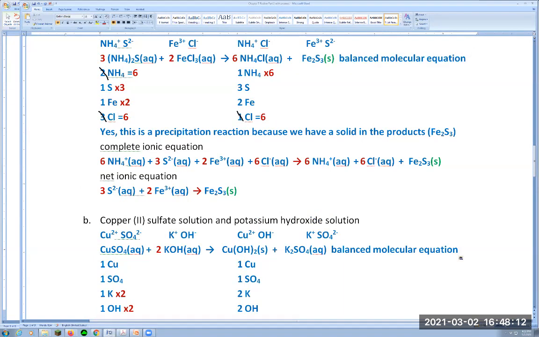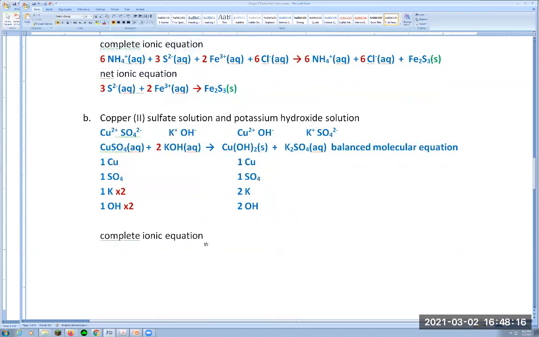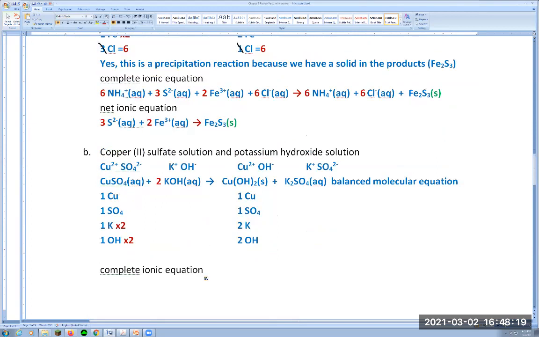So now we want the complete ionic equation. But first, let's decide if we have a precipitation reaction. And yes, again, we do, because we have this solid there, right? Let's emphasize that this is solid. So yes, this is a precipitation reaction because we have a precipitate in the products, and here it is Cu(OH)2.